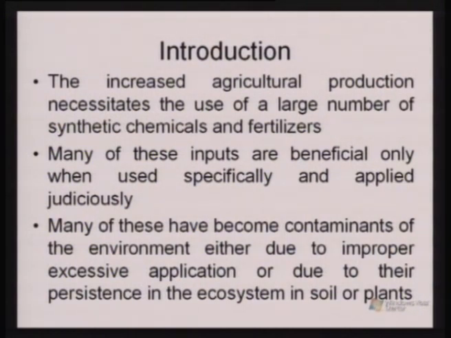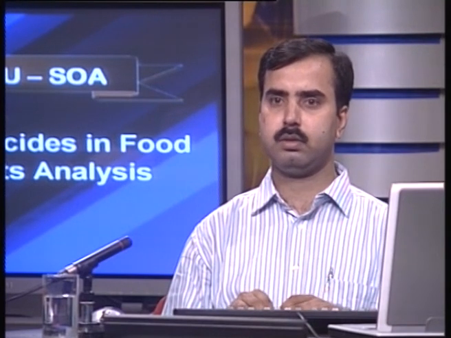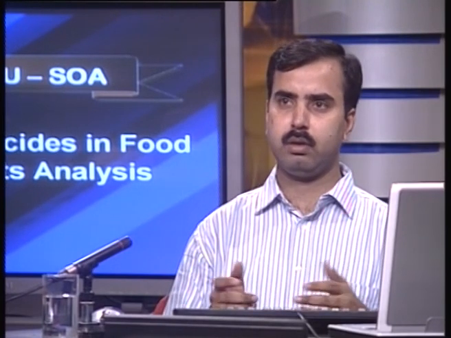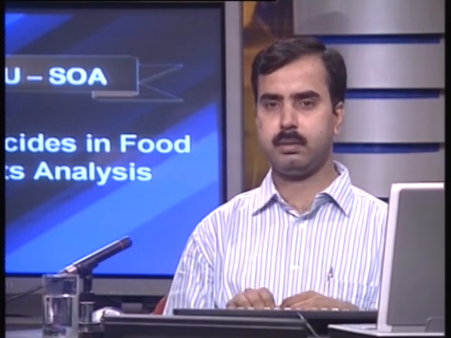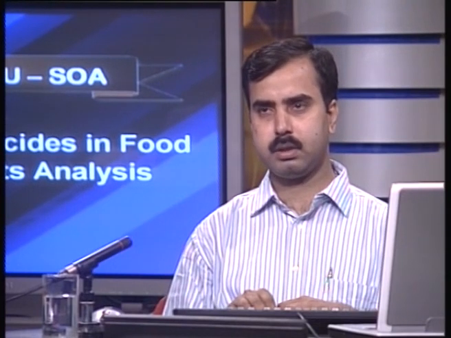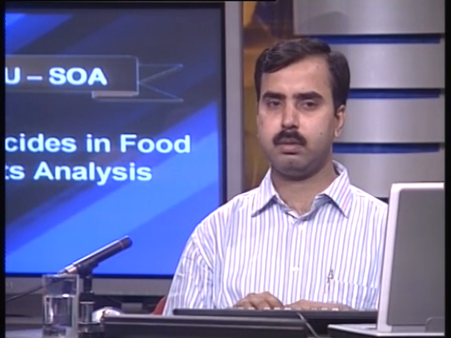Some of them can persist for about 15 years, 50 years, 20 years. So these contaminants remain in the environment for a longer period of time, and they create threats to the human population and any other kind of population in the ecosystem. So we need to justify our use of pesticides.